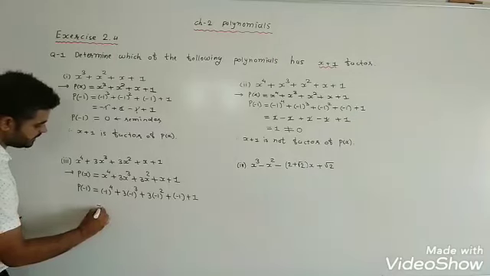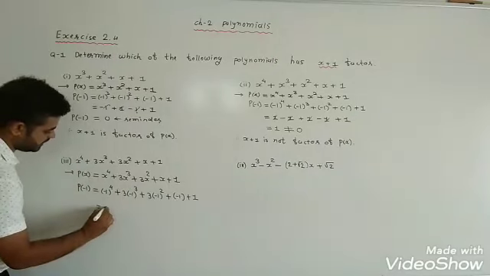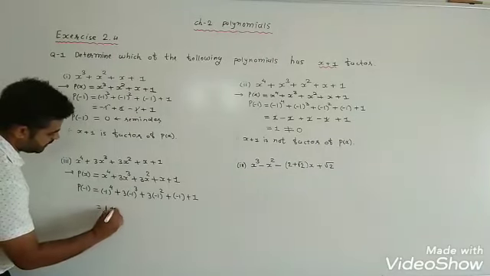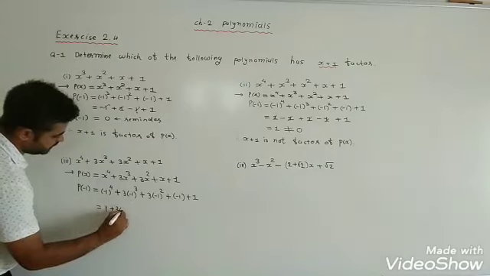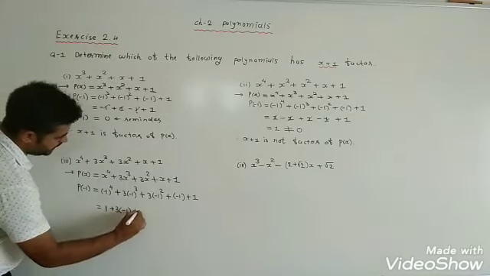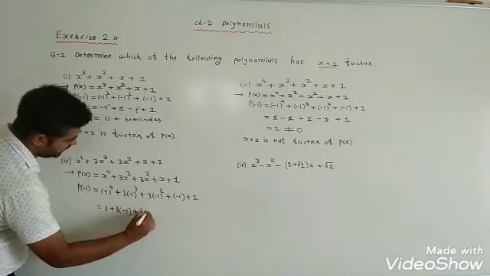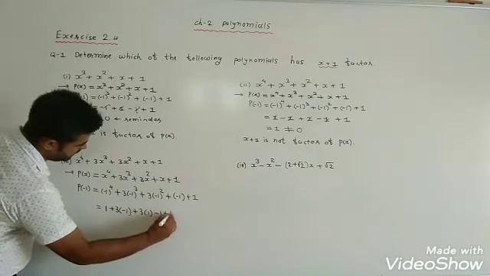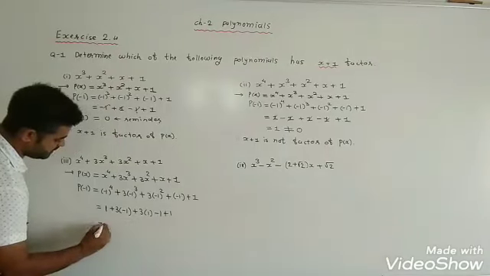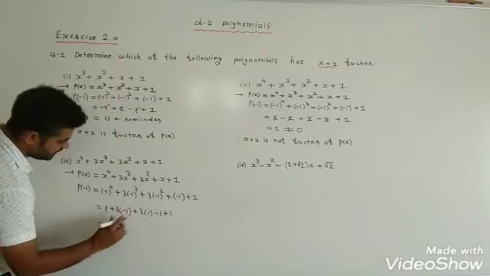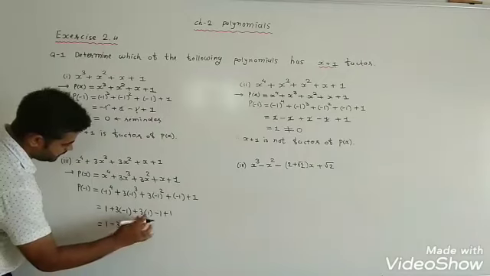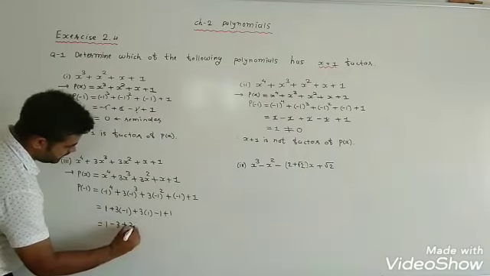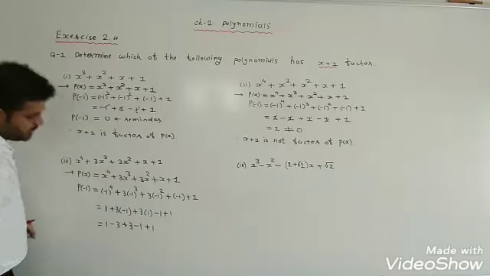Simplifying, minus 1 raised to 4 becomes plus 1, 3 into minus 1 cube is minus 3, 3 into minus 1 square is plus 3, then minus 1 and plus 1.